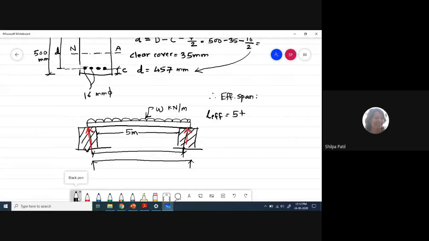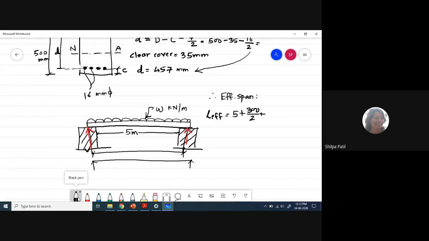So in this direction, if this is the first column, half the width of the support is, what is the total width of the support given? 300 mm. So half of 300 of the first support and half of 300 of the second support. I will write down clearly 300 by 2 plus 300 by 2.